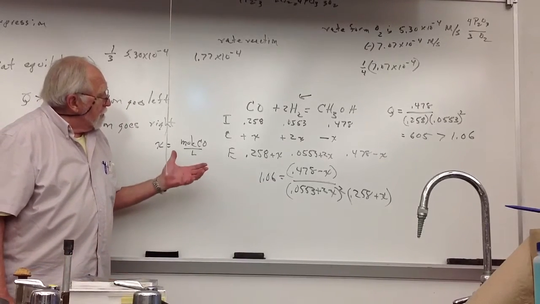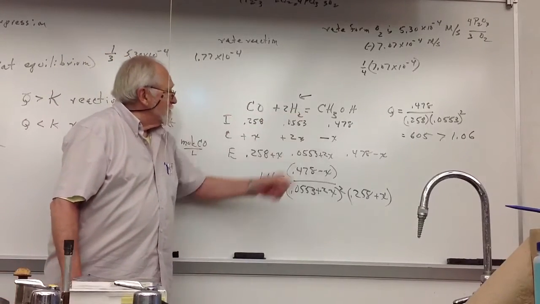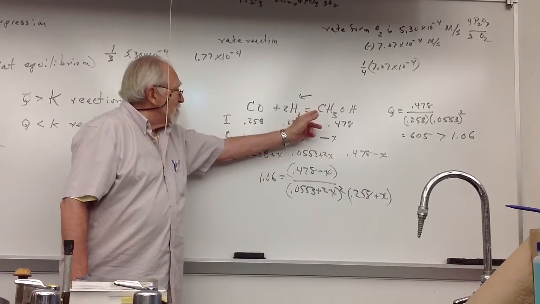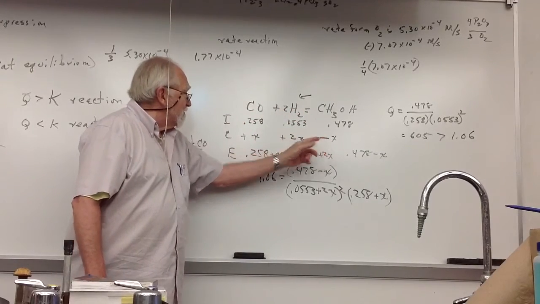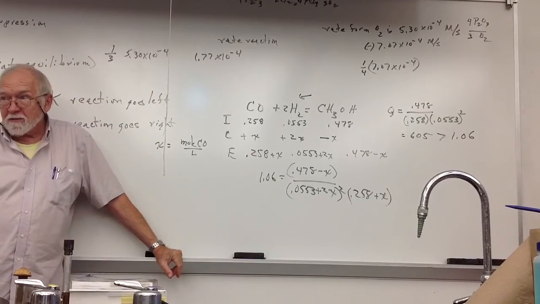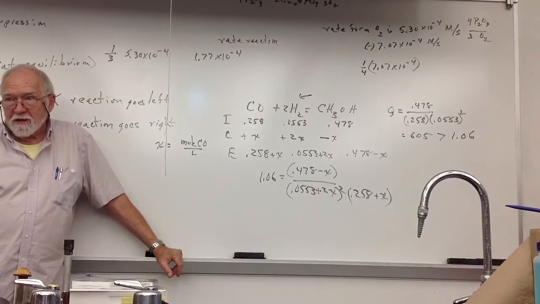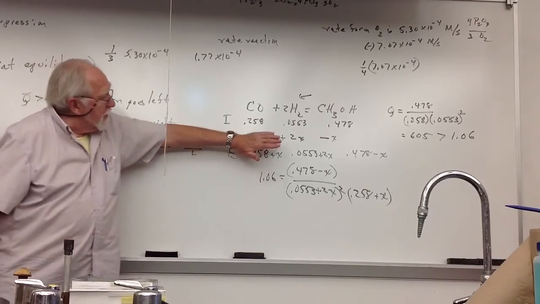So you basically just pick numbers for the coefficients, whichever one is the lowest number. If this was a 2, 4, 5 or something, you'd say 2x, 4x, 5x, because that would be the ratio between them using the mole ratios. Okay? So this got a little ahead of the game.